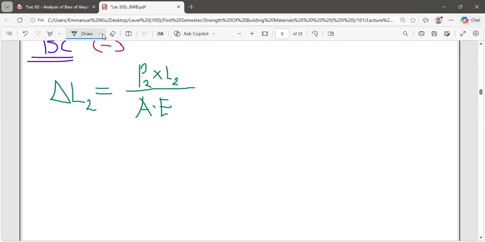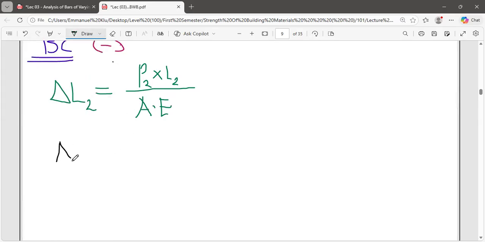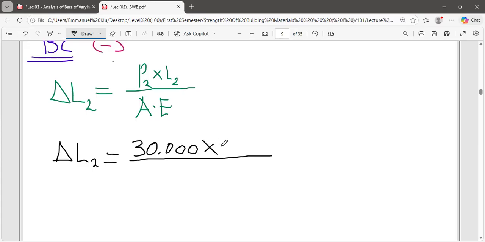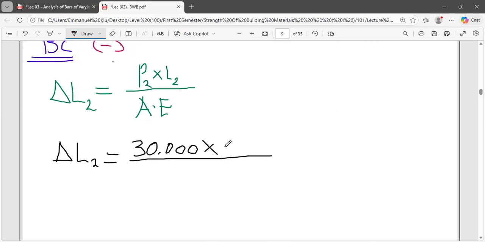So let's quickly substitute our parameters into the formula to make life easier. Our change in length of the second material is going to be what? The P for the second material was 30,000, so 30,000 times 1,000, because we said that 1 meter is equal to 1,000 millimeters.